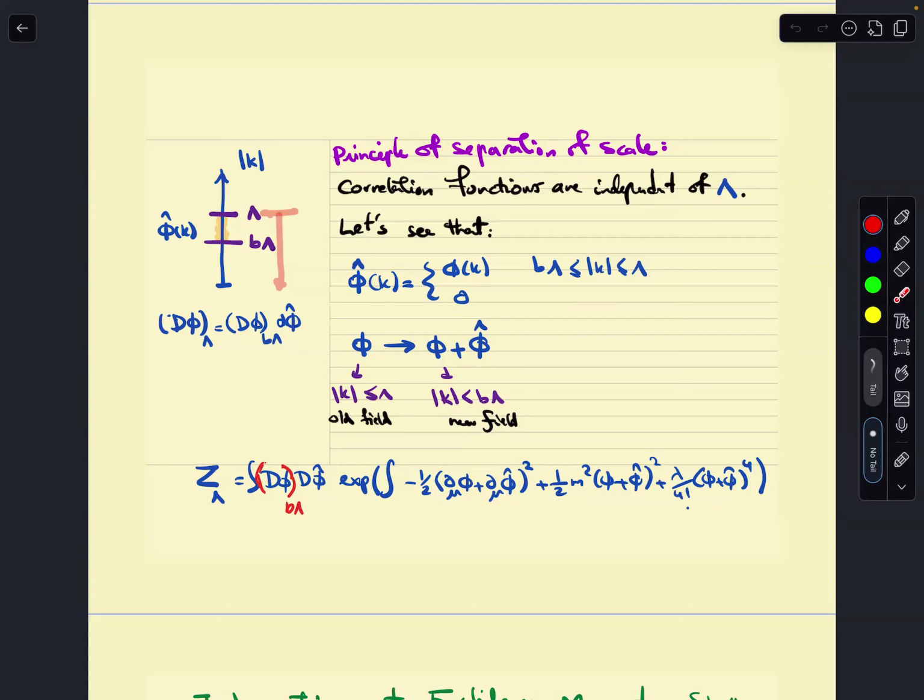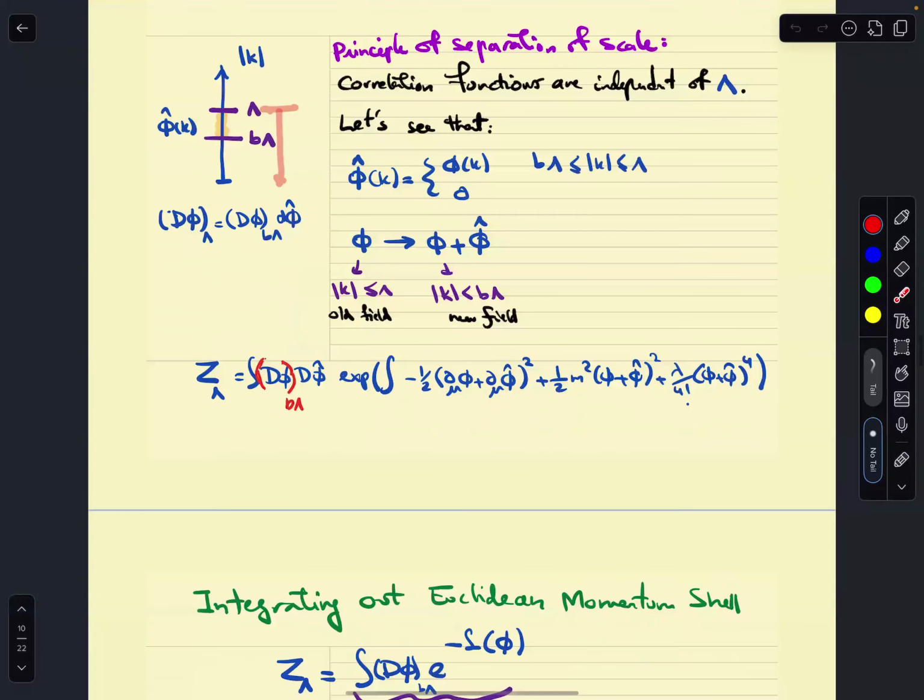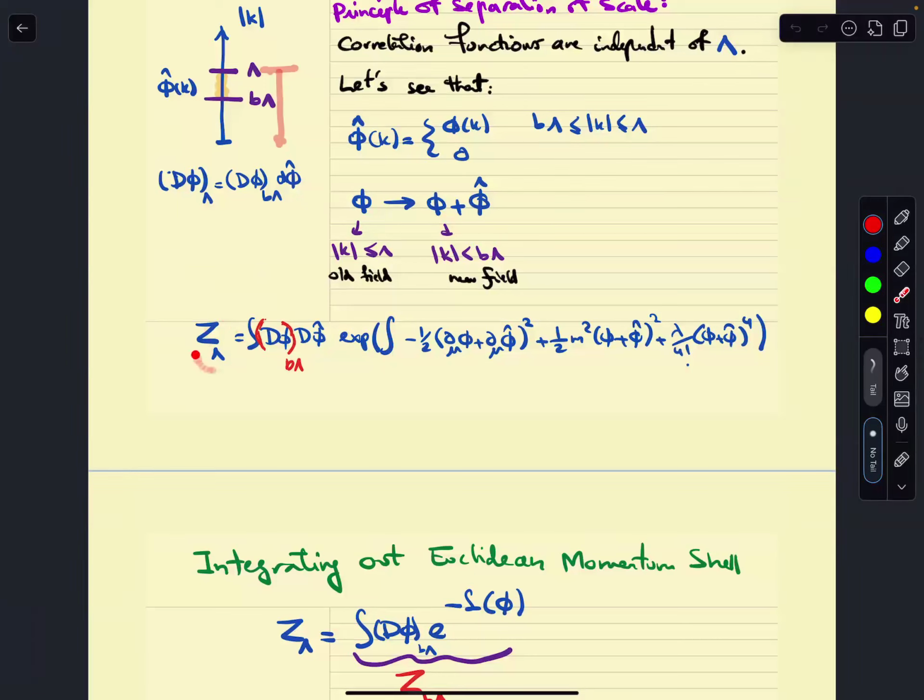We're going to explicitly perform that integral. So here's the partition function for the cutoff lambda. The measure, I'm already splitting it, writing it as you saw here. This is the measure on the fields of the theory with a lower cutoff, and this is the part that has to do with the momenta in the middle.